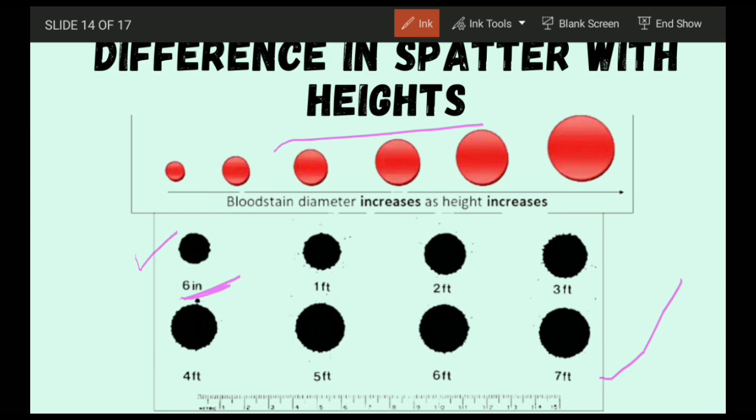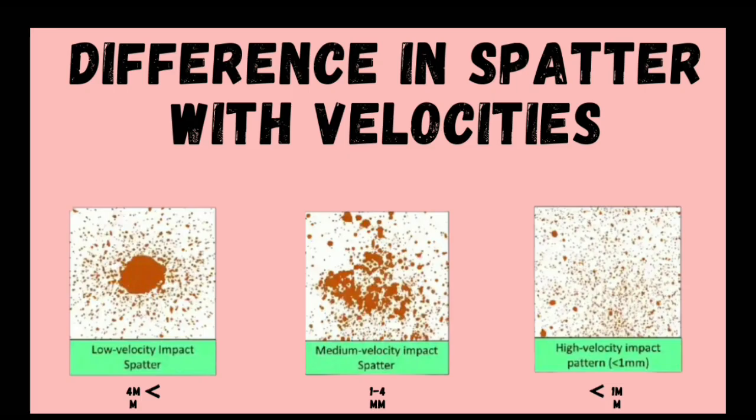So these are the parameters of approximate height that we could guess. For example, a large or big-sized droplet has high chances of having come from far away, from quite a long height.